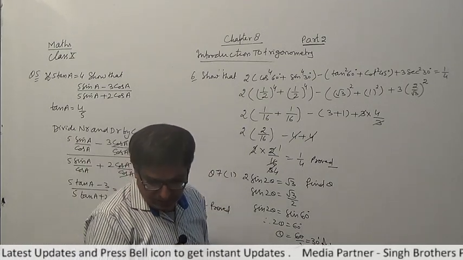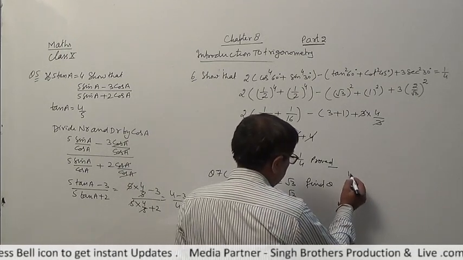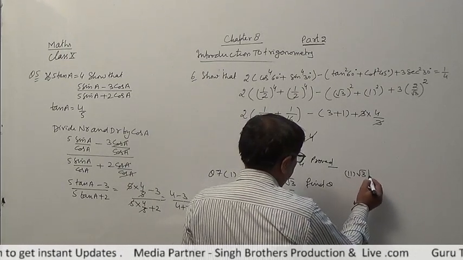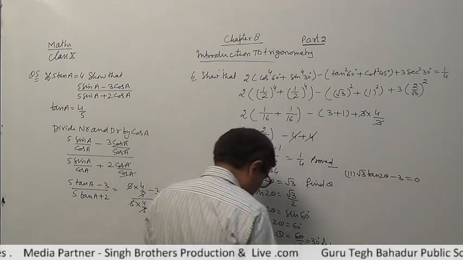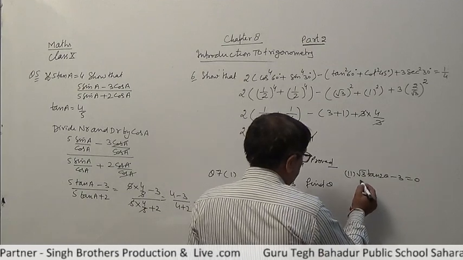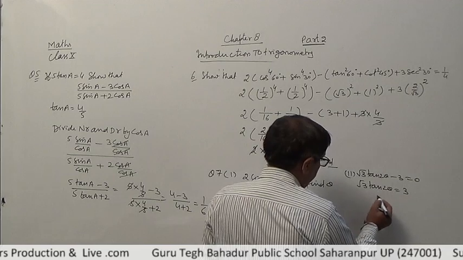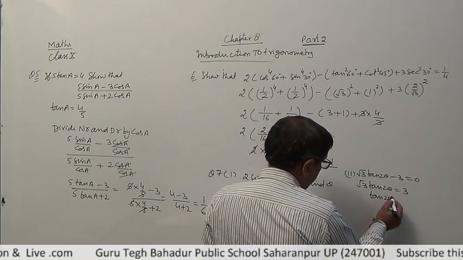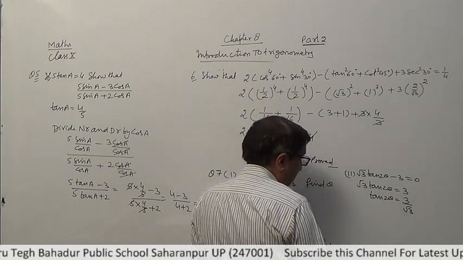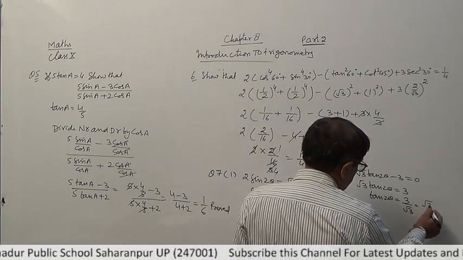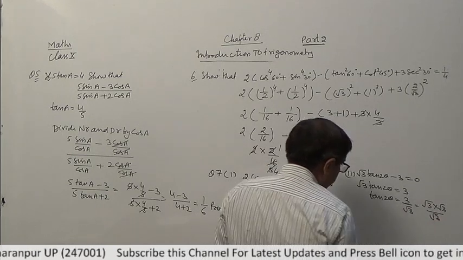Second part, you see it: root 3 tan 2 theta minus 3 is equal to 0. Root 3 tan 2 theta is equal to 3. Tan 2 theta is equal to 3 upon root 3. This 3 can be written as root 3 into root 3 upon root 3.